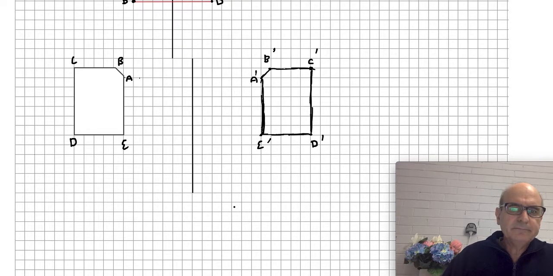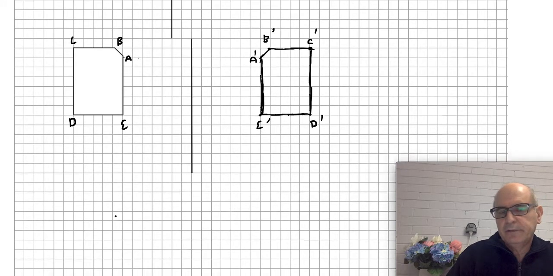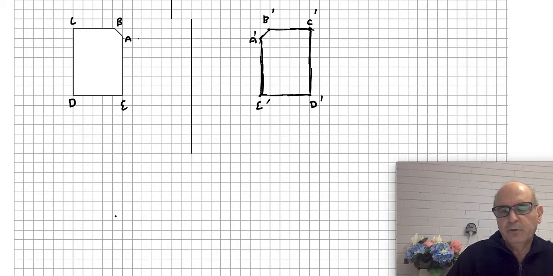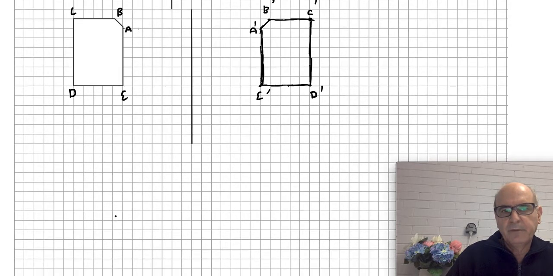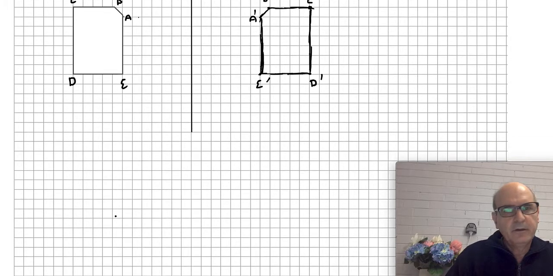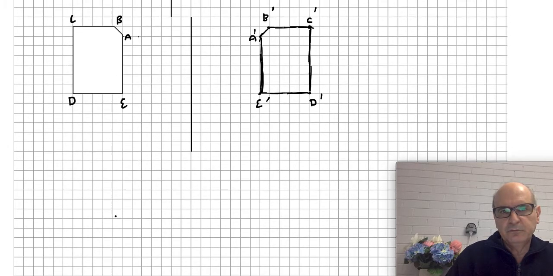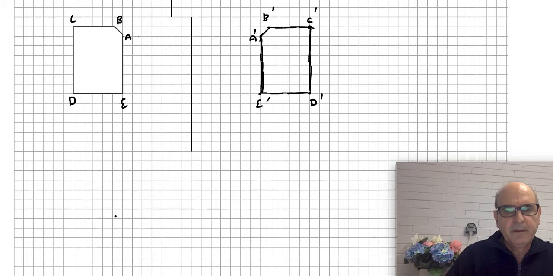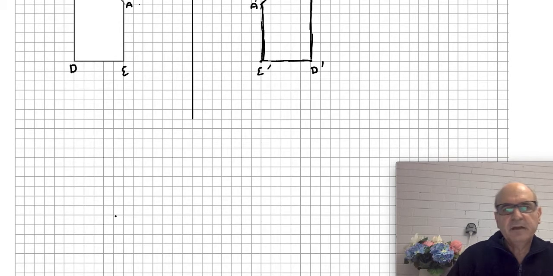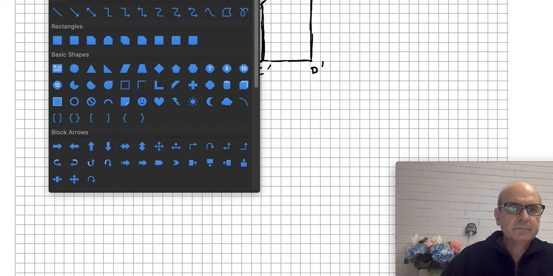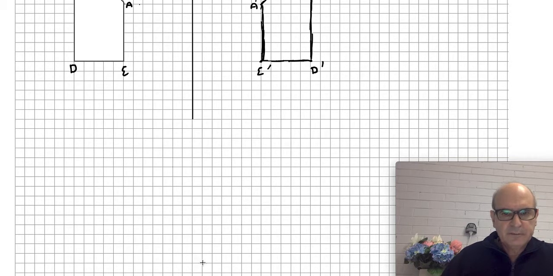That is finding the reflection of a shape or a point if they give us the line that we need to use to find the reflection. They can do the same with the Cartesian plane. So if you had something like this, let's make a Cartesian plane here.